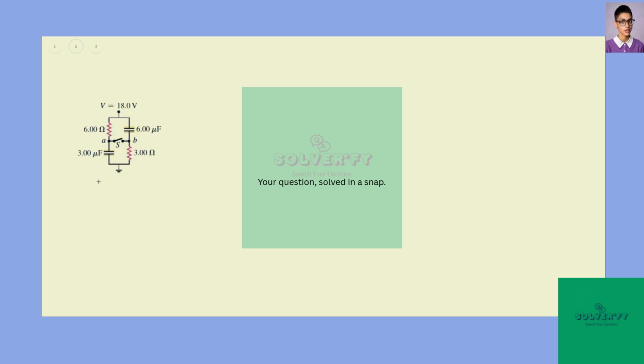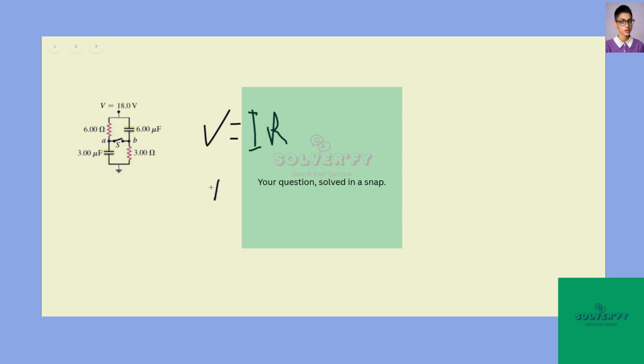Now, the current that flows through the circuit we find using Ohm's law. Let me write Ohm's law: V is equal to IR.